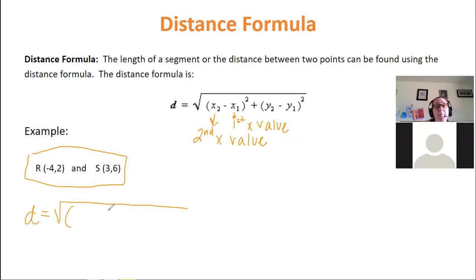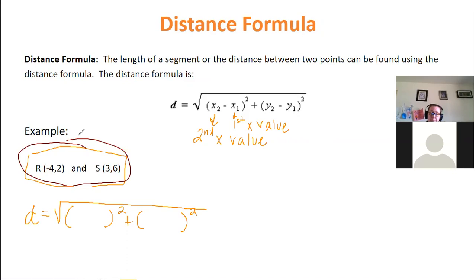What is my second x value according to these points? Which number is my second x value? 3, right. 3 is my second x value. So that goes first.